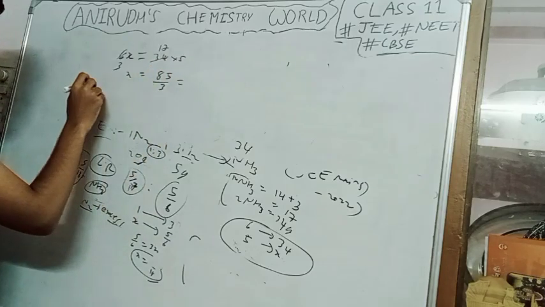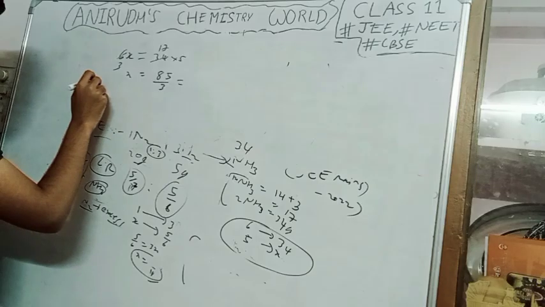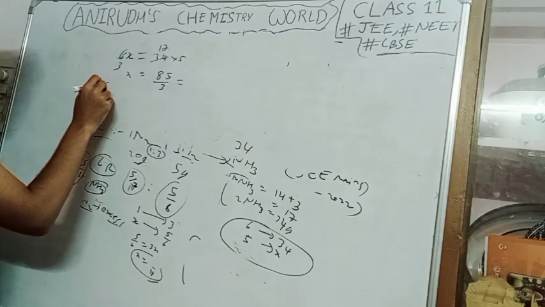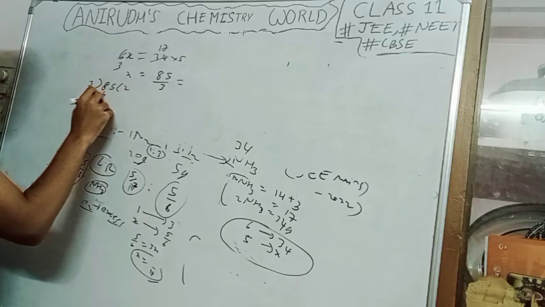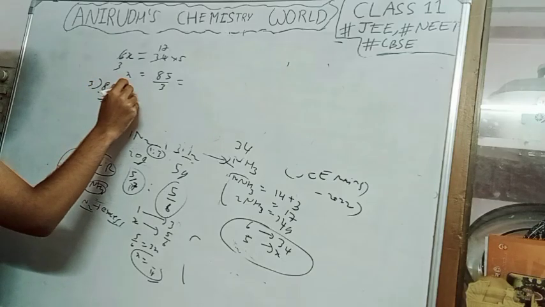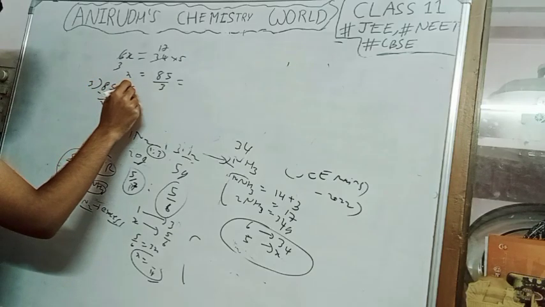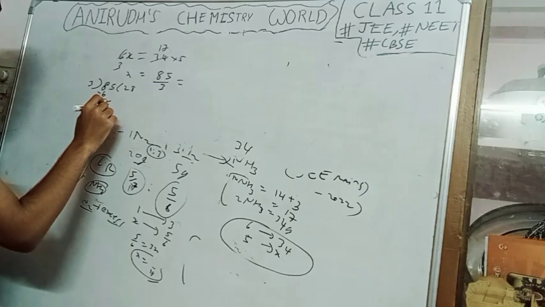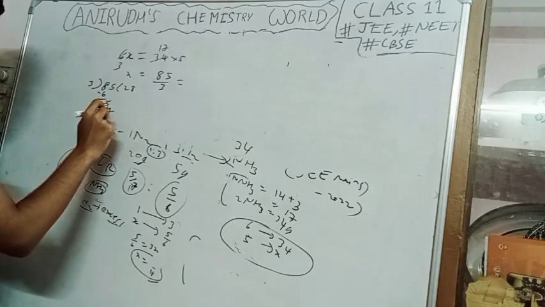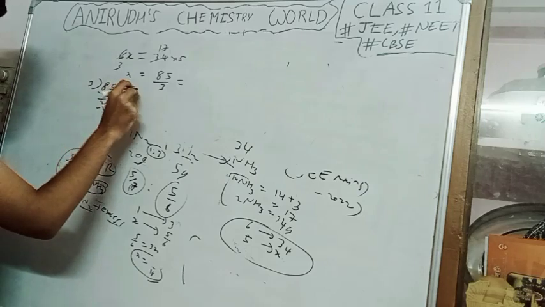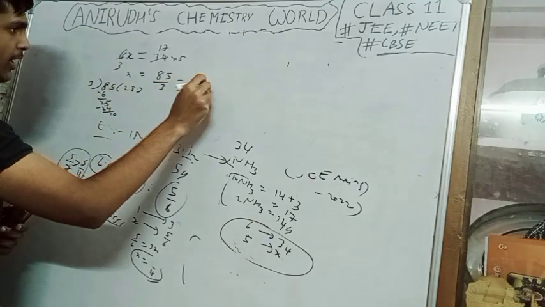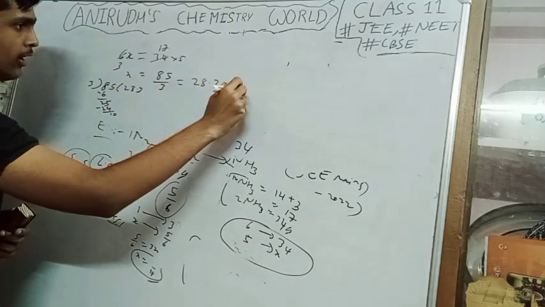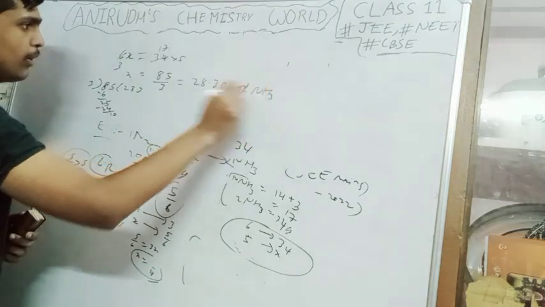Now you just calculate. It's not divisible by 3, so we will get our answer in decimals. 28.3 grams of NH3 you are getting.